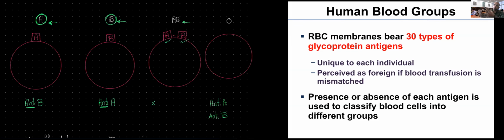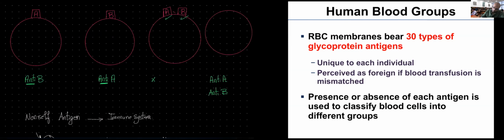So who can receive from whom a blood transfusion? Let's check here. Again, what is the rule? Don't give an antigen to a person who is capable of producing an antibody against this antigen. This is my rule. You tell me here.